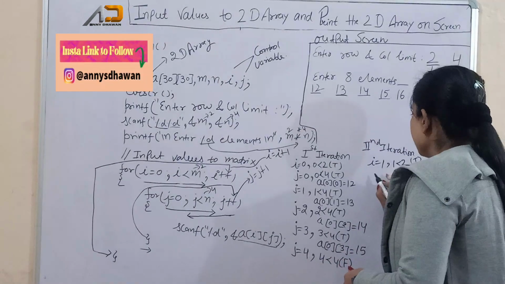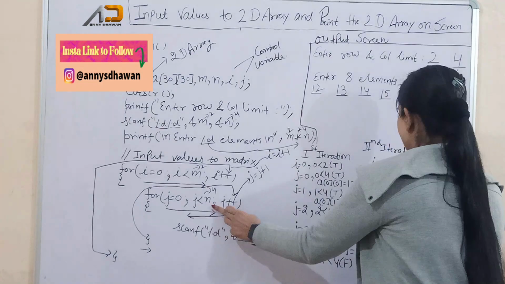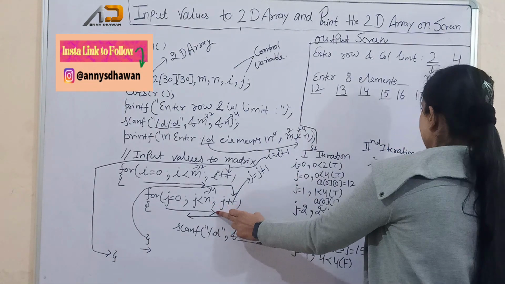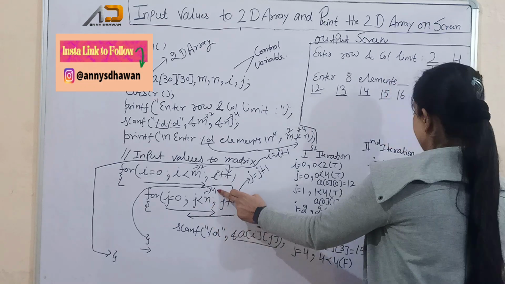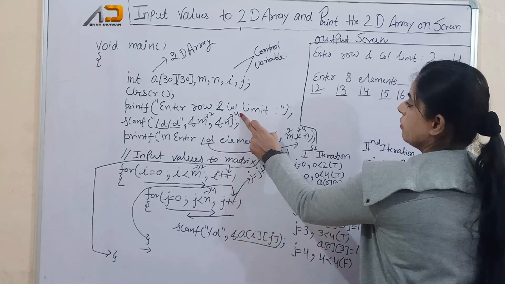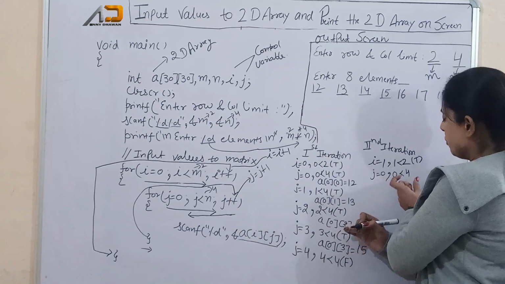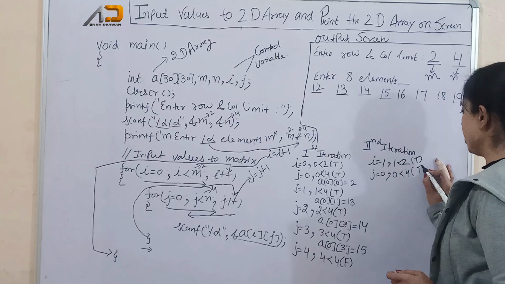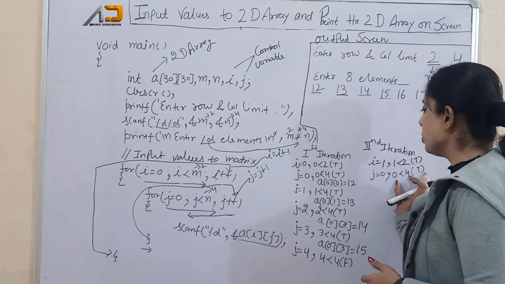So again the j value is 0 now, and now again check the condition, that is 0 less than n. What is the value of n here? It is 4. Is 0 less than 4? Yes, true. So condition is true here.